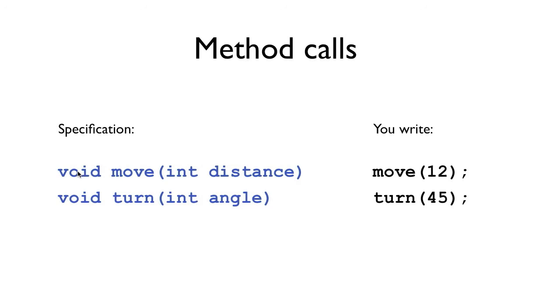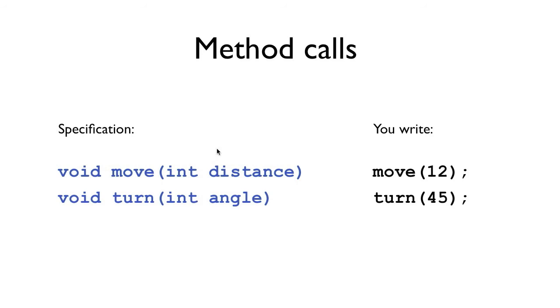The first bit is the return, specifies the return value. Void means this method does not return anything, so it will not return a value to us when we call it. The second part in the middle here is the name of the method. That tells me the method is called move. And the third part is between round parentheses a specification of what parameters this method expects.